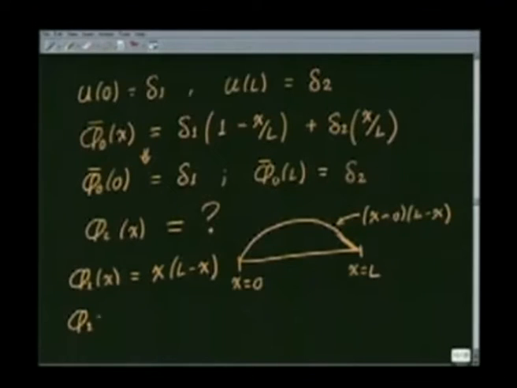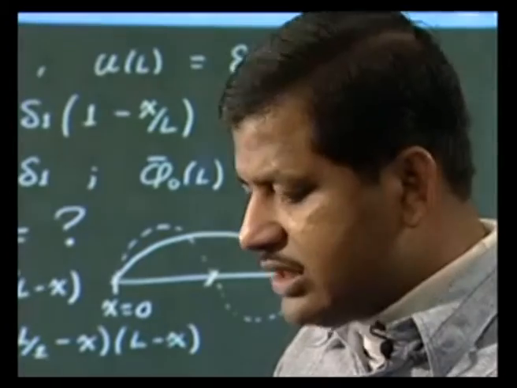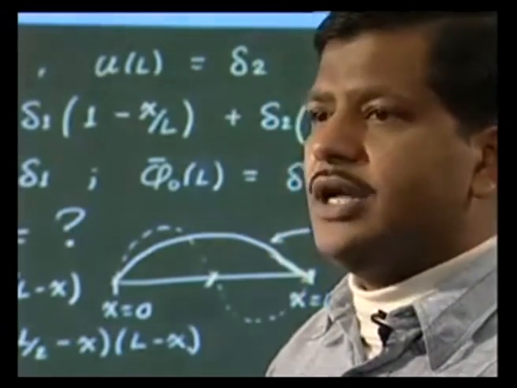Similarly, phi 2 of x will now be a cubic. I am just choosing things according to my wish. So x into L by 2 minus x into L minus x.